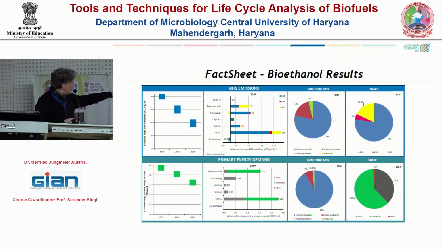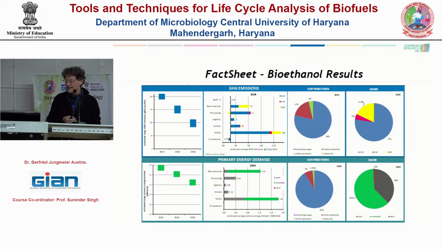The same on the primary energy demand. The first pie is at least telling you where you need most of the energy. Most of the energy in that case is also the supply of the biofuel to the filling station. The production of the vehicle, the red one, is roughly 7%.